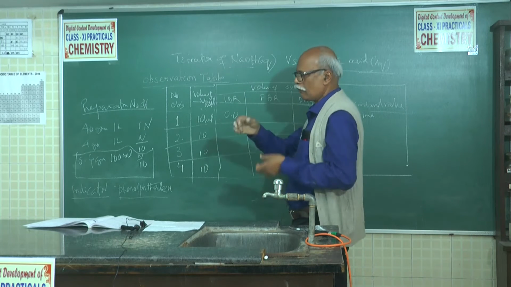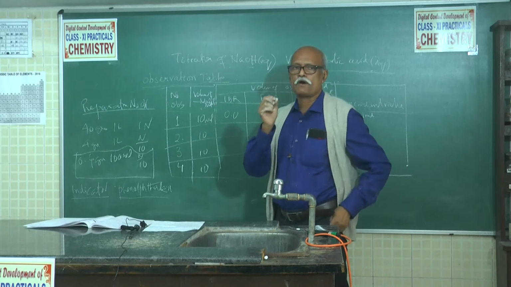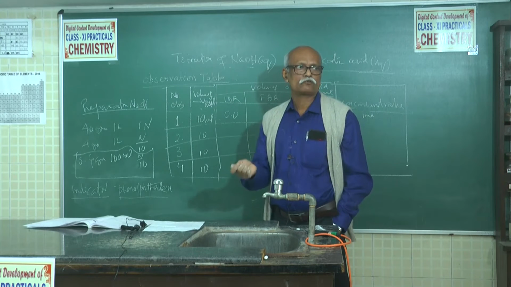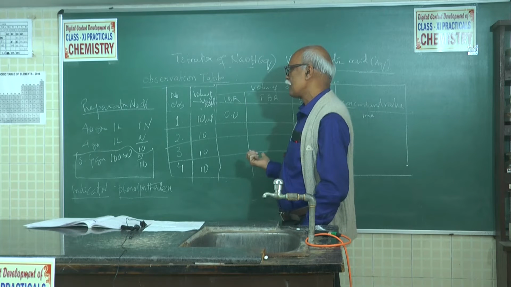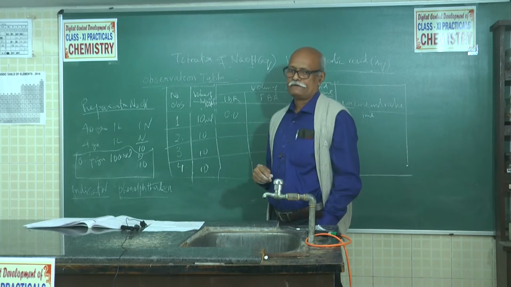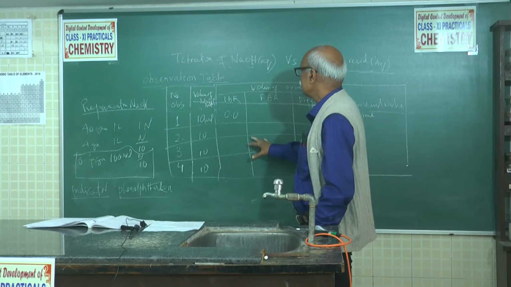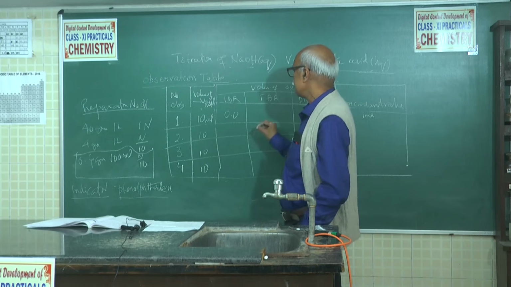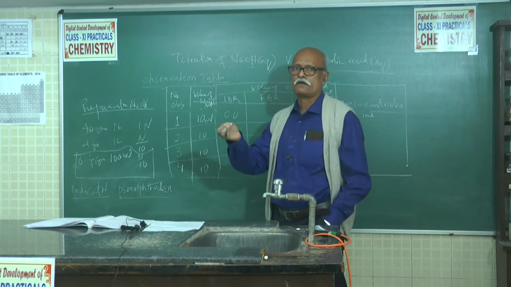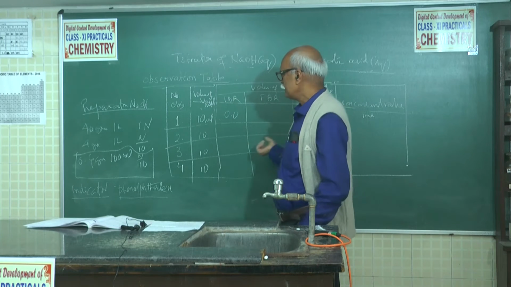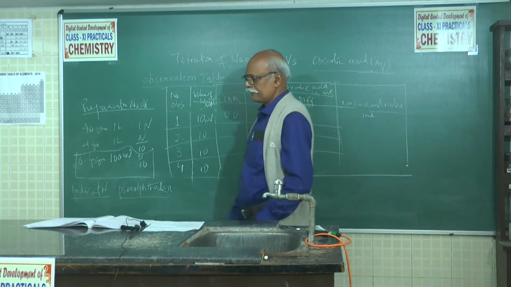Slowly the color gets faded. Complete fading of color indicates the approach of the end point, or equivalence point. So in this titration, the color changes from pink to colorless, and when the pink color just discharges, that will give you the end point.